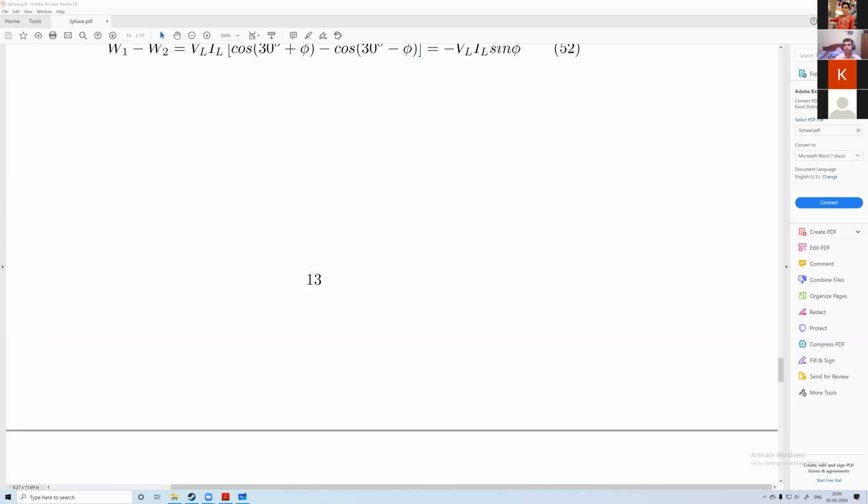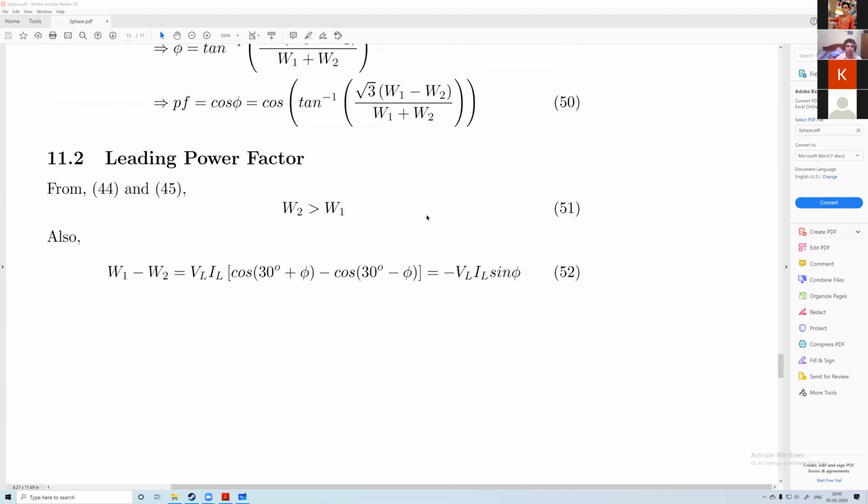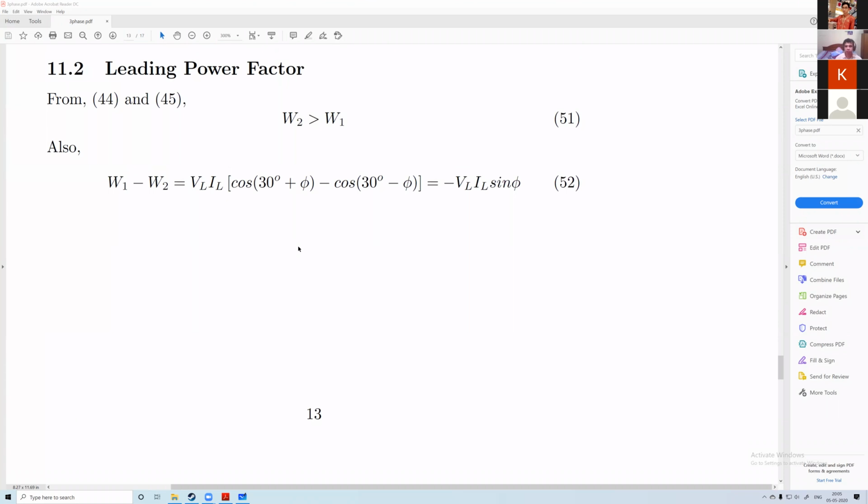Okay. Correct. So clearly now W1 minus W2 is negative, as W1 is less than W2. So W1 minus W2 would be now minus VL IL sin phi.